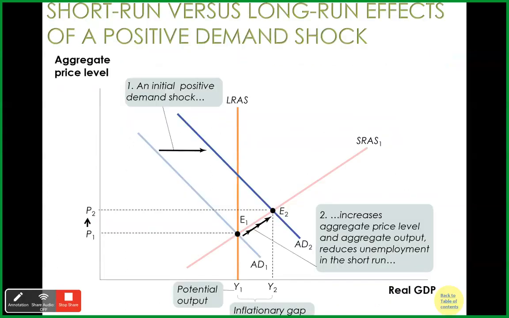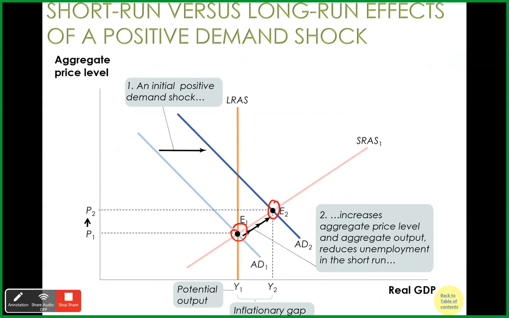Let's start with a positive demand shock. So this is what happened right after a positive demand shock. We originally are here, and then we are going to move to here.